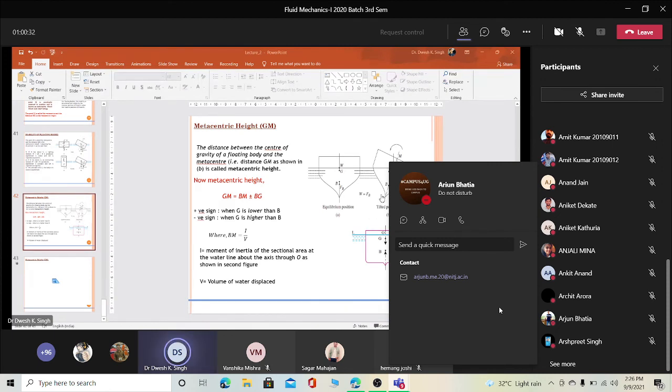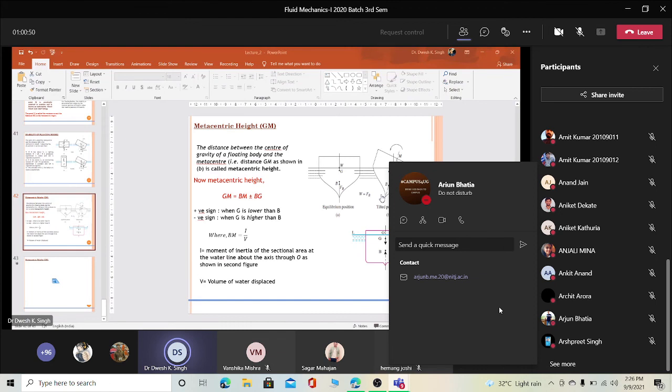Abhishek Zangir is present, Abhishek Kumar is present, Adarsh is present, Ajay Bharti is present, Ajit Singh is present, Akash Yadav is present.